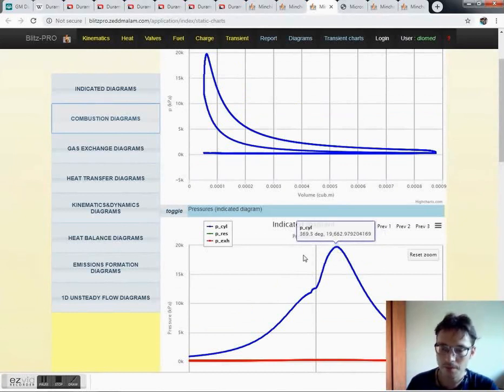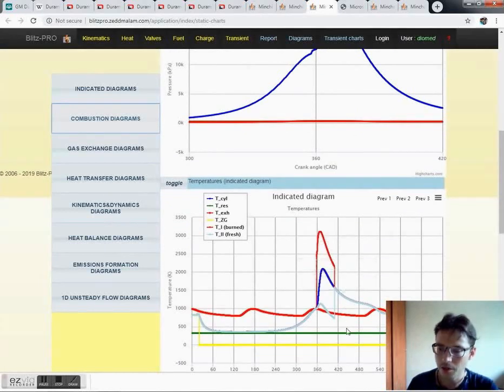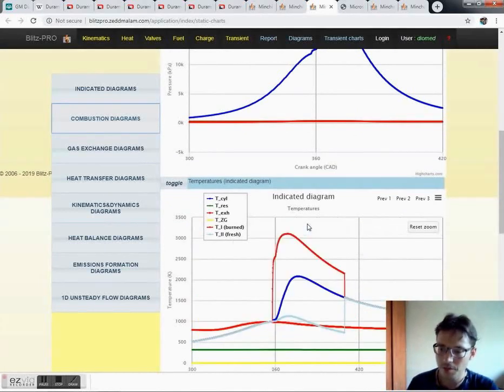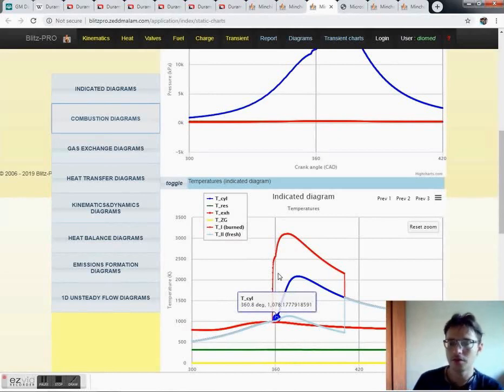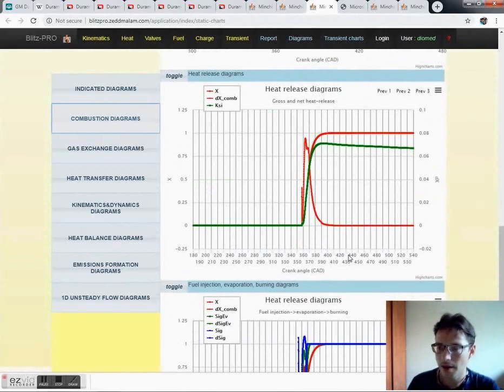So here we can see the temperatures. Yes, this is the first injection. So the temperature in the burned region rises, and when this second portion is introduced, we have very hot areas in the cylinder, so the ignition delay drops significantly. And let's have a look at the fuel combustion diagram, the speed of combustion.